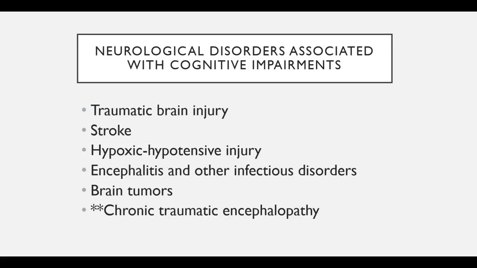And obviously different types of things can cause damage to the brain, which would result in cognitive impairment, that we've talked about many of these things. So this slide is just a repetition of that. One term that I had not mentioned yet was chronic traumatic encephalopathy, CTE, and we'll be covering that in detail later on.